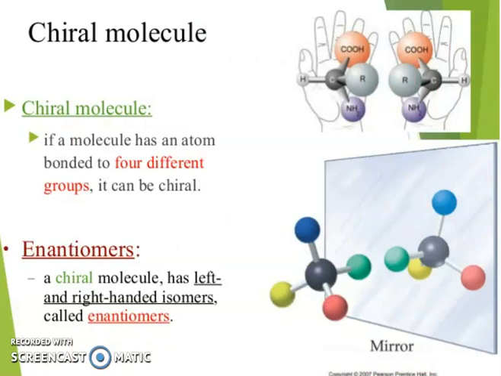Now, if a molecule has an atom bonded to four different groups, it can be chiral. Enantiomers, what does it mean? A chiral molecule has left- and right-handed isomers called enantiomers.